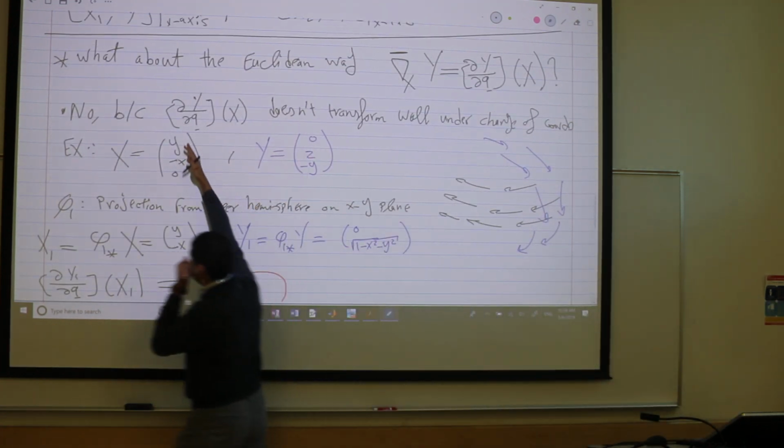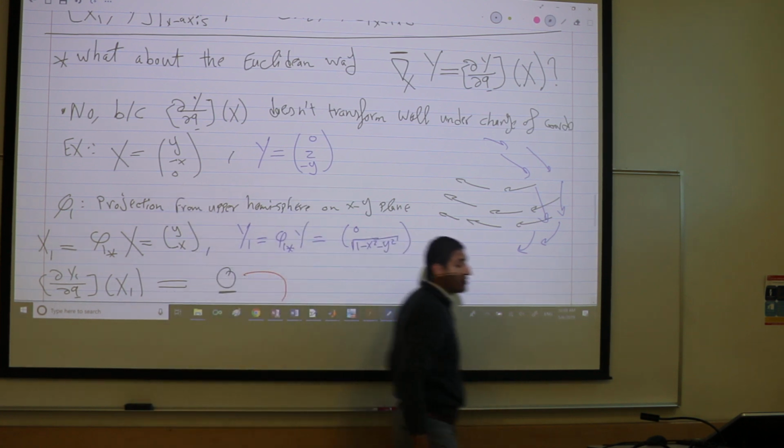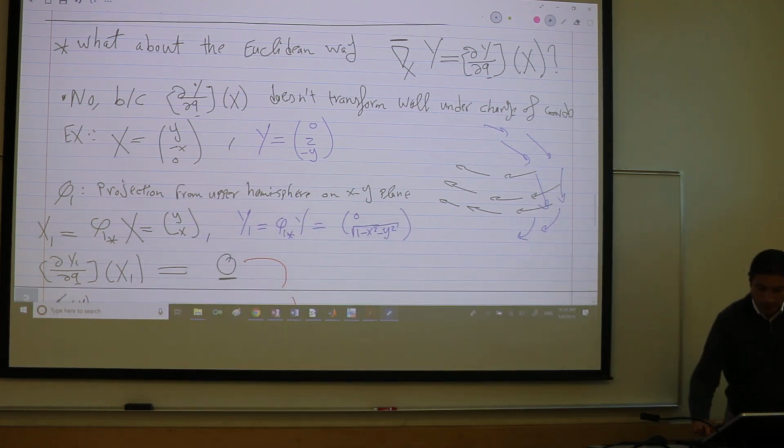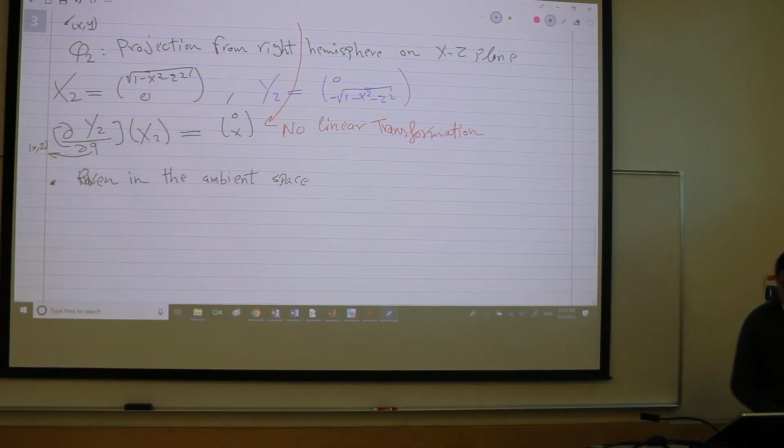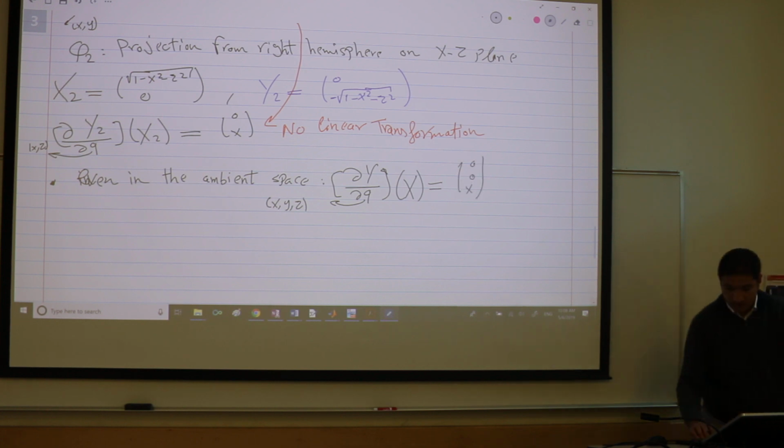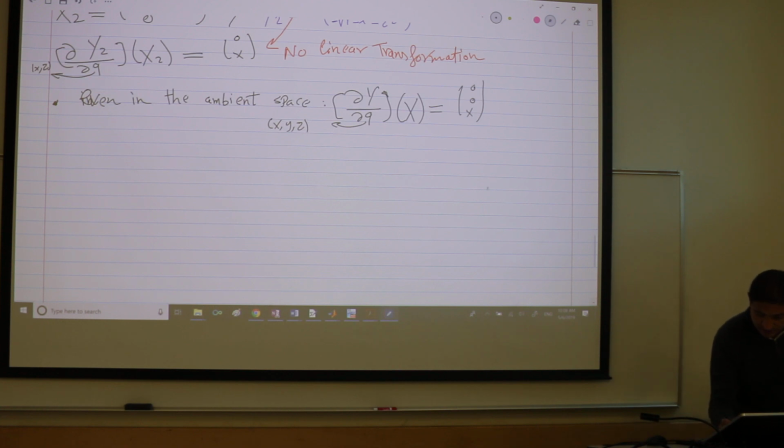This is three-dimensional. Do the computation here in R3. Well, okay, let's do it. So partial y, partial q, now my q are x, y, and z, times the x's. This is what I will get, 0, 0, x. And here is 0, 0, x.